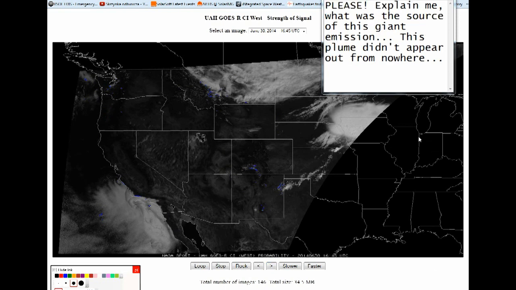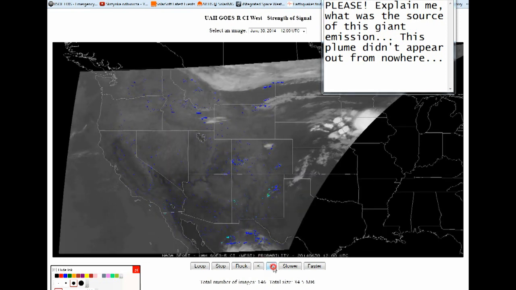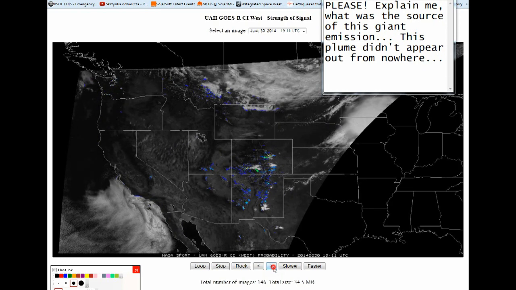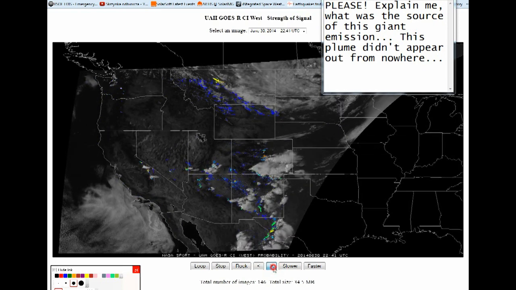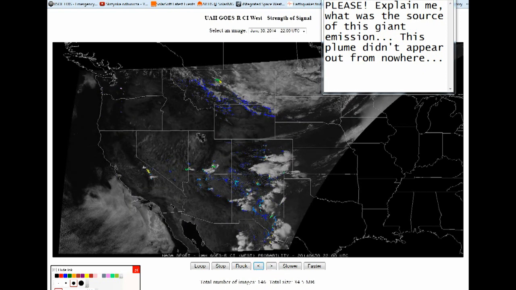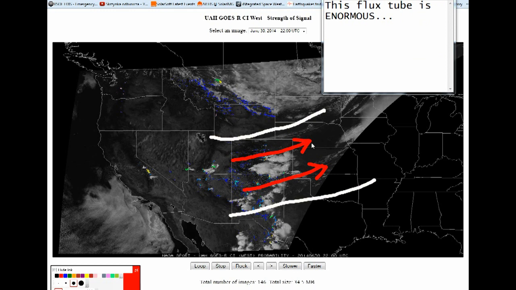Please, explain to me. What is the source of this giant emission? This plume didn't appear from nowhere. This flux tube is enormous.